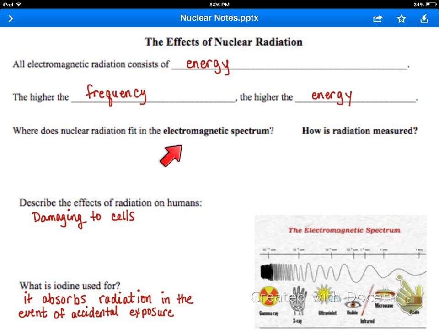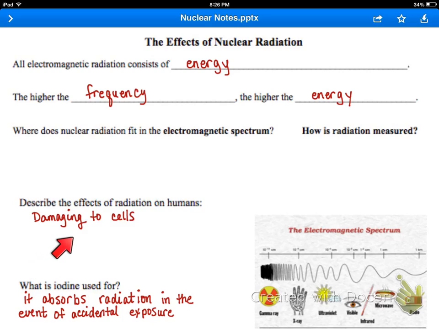So if we look at the electromagnetic spectrum, we saw this way back when we looked at light and electrons, but the very, very highest energy waves are gamma rays, which is the highest energy gamma radiation. So all the way at the end of the electromagnetic spectrum. How is it measured? It's measured using something called a Geiger counter, and that's how we can measure how much radiation there is, either natural or unnatural.